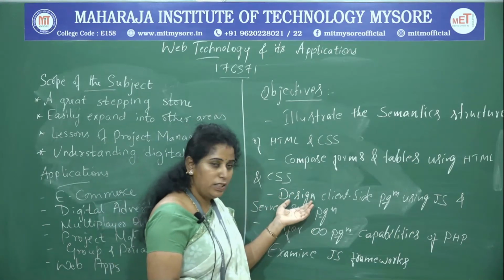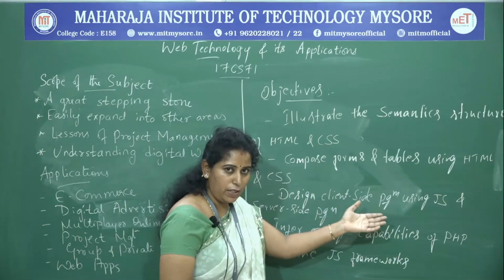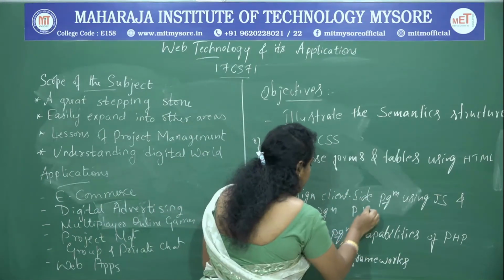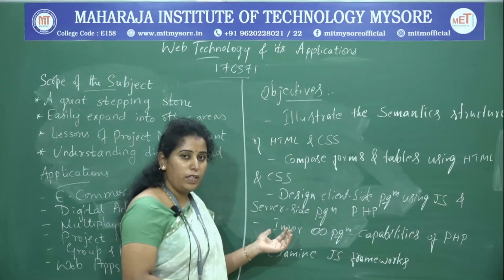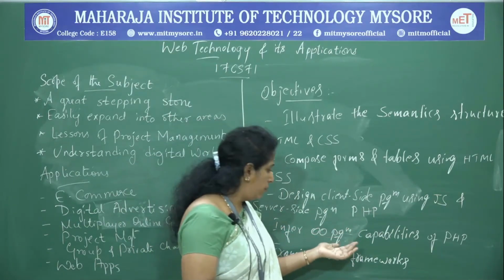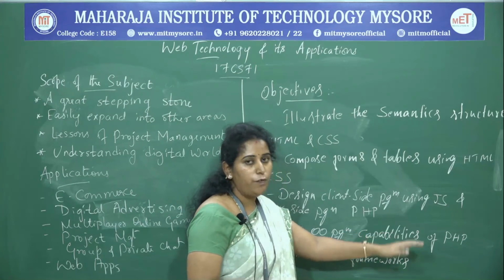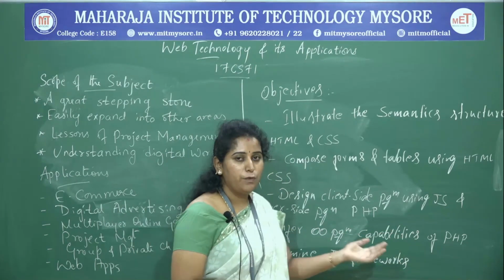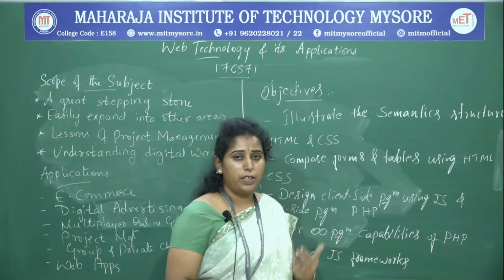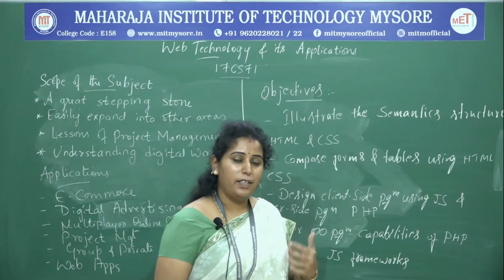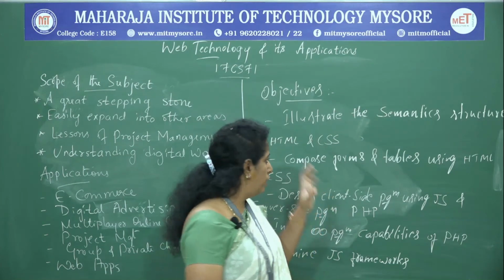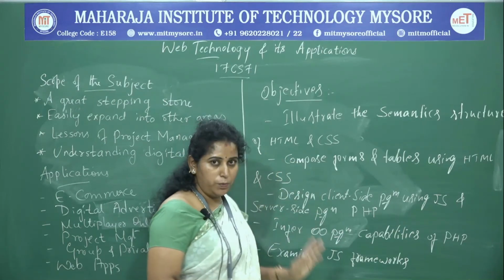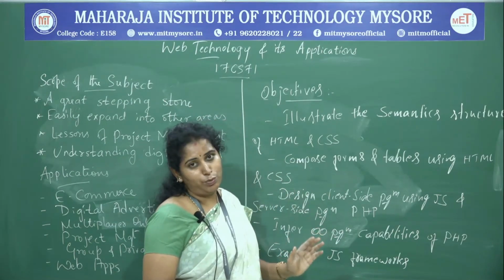The third objective is to design client-side programs using JavaScript and server-side programs using PHP. Next is to infer the object-oriented programming capabilities of PHP. The last one is to examine JavaScript frameworks. So these are all the objectives that will be achieved at the end of this course.